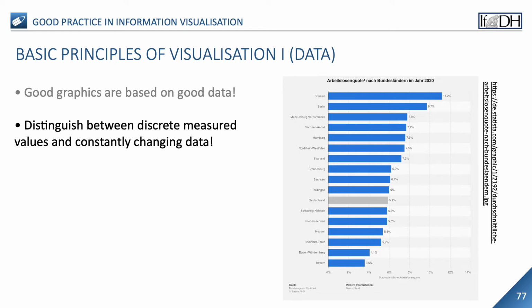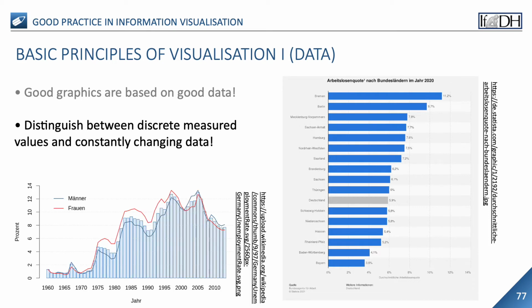Let's take unemployment in Germany as an example. If you want to illustrate the differences in the federal states, a simple column or bar chart is the right choice for discrete measured values that are independent of each other. A continuous graph, on the other hand, is better suited for temporal or consecutive relationships in the data.